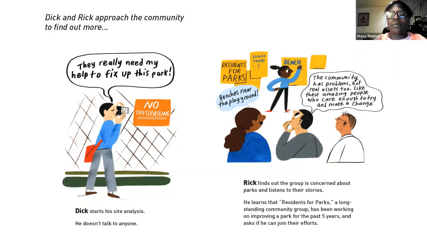The community has problems, but real assets too, like these amazing people who care enough to try and make a change. Rick finds out the group is concerned about parks and listens to their stories. He learns that Residents for Parks, a long-standing community group, has been working on improving a park for the past 5 years and asks if he can join their efforts.